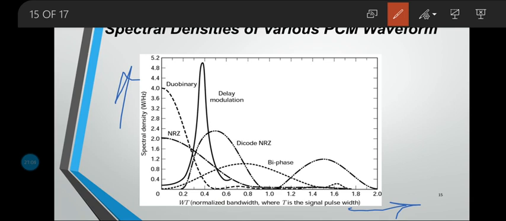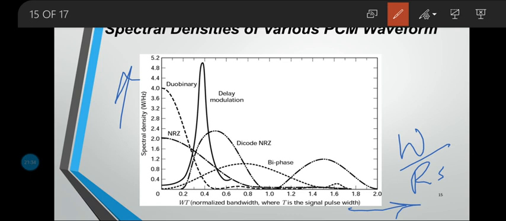WT is often referred to as the time bandwidth product of the signal. Since the symbol rate Rs is the reciprocal of T, the duration of the pulse, I can represent the normalized bandwidth as W by Rs.